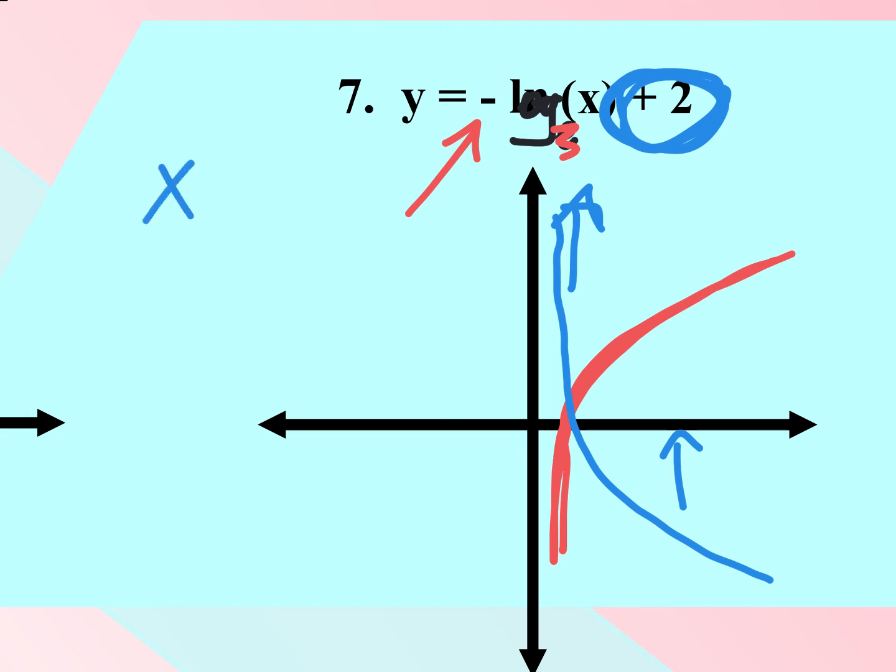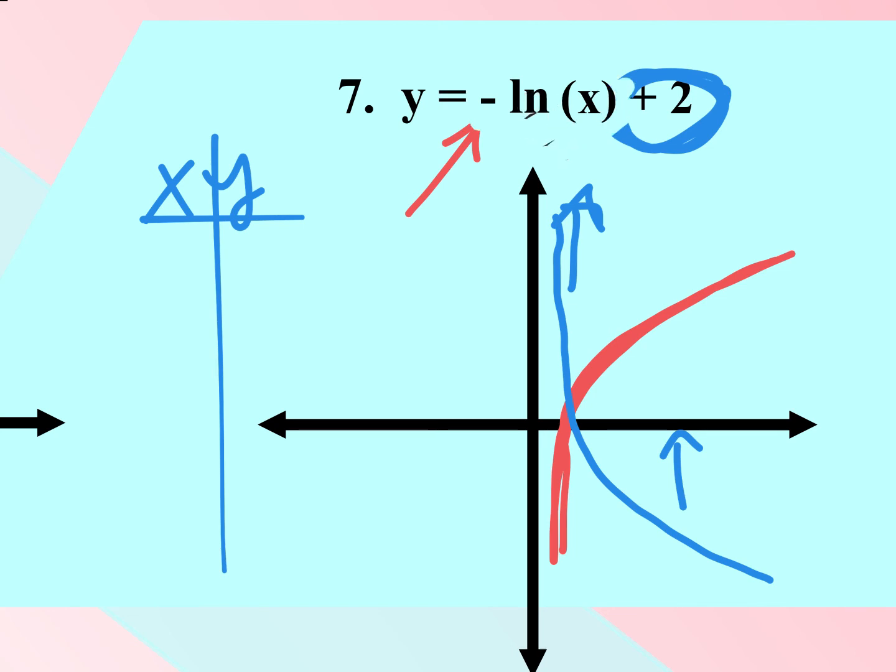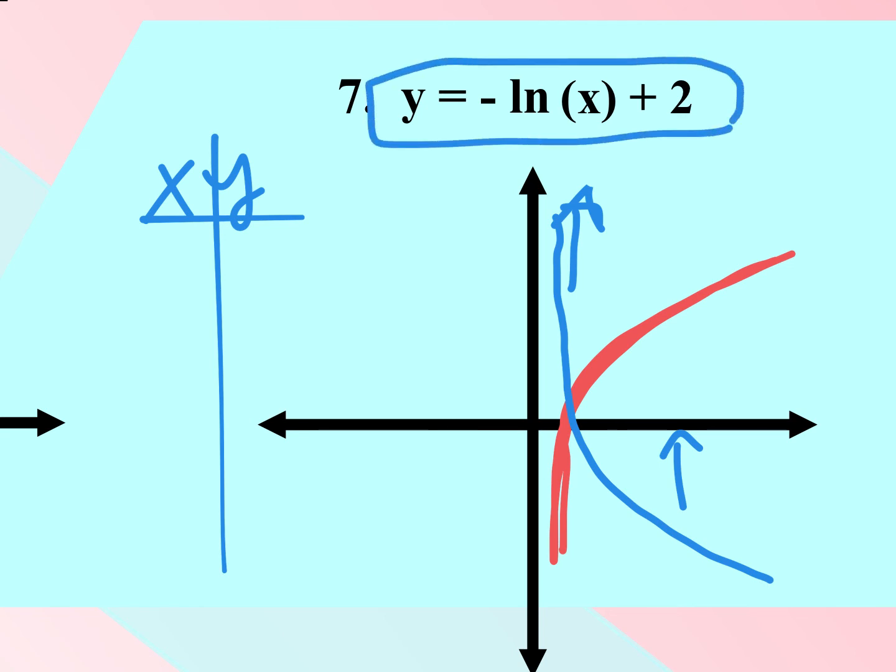Well, I'd say make an XY chart. Tanner, give me a number to put in, and be strategic. I don't want you to just say a random number. That's not a bad call, because this is like having a log base 3, and he said put in a 3 here.